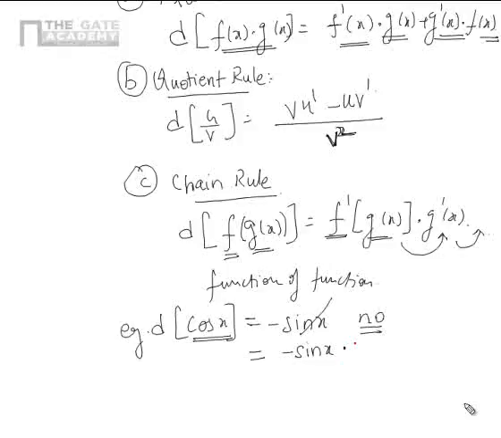We have to differentiate x. x is another function, an algebraic function, so differentiation of x will be dx. Correct? So differentiation of cos x is not minus sin x. It is minus sin x dx. This is the correct answer. So with this introduction, let us see some interesting differentiations.